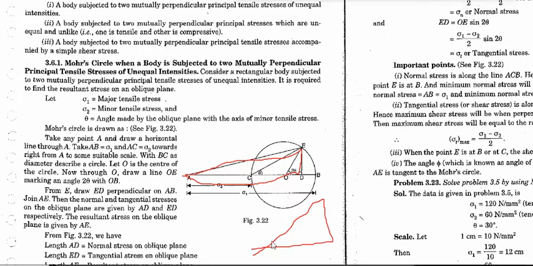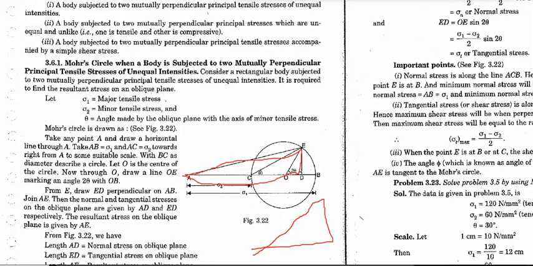So this is the resultant AE, and by using the Pythagorean theorem, AE square is always equal to the summation of AD square plus DE square. Hence AE is equal to the square root of AD square plus DE square.